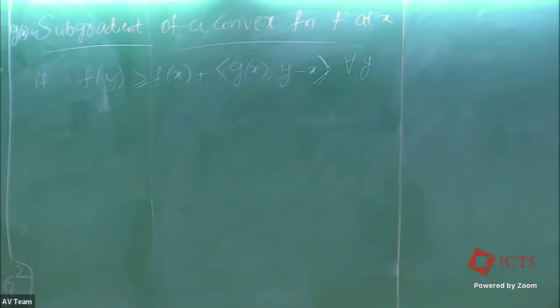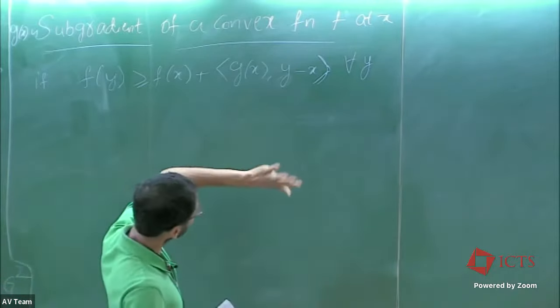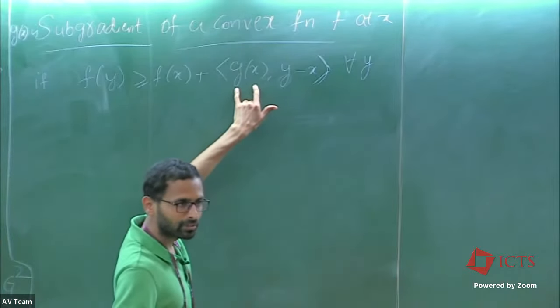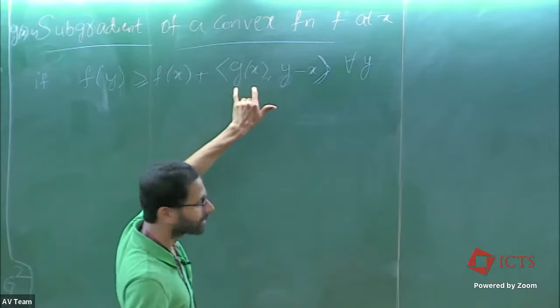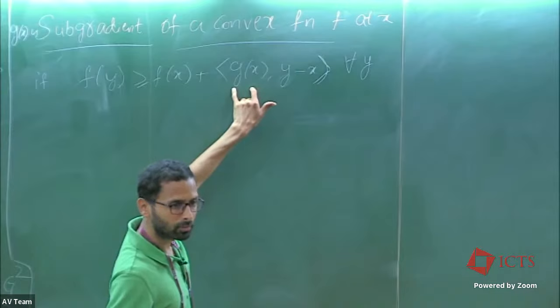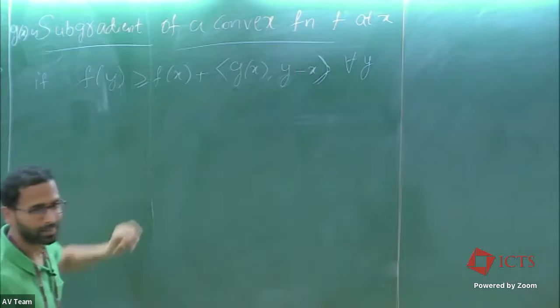For simplicity, I defined this to be the gradient of f if the function is differentiable, which is the only thing that makes sense there. But there could be non-differentiable functions for which this still makes sense.